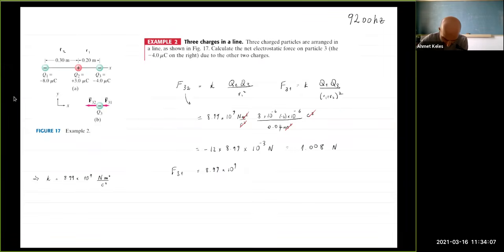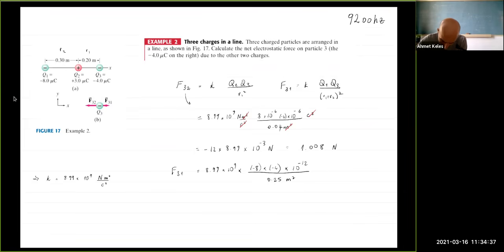Good. So times, okay, this is minus 3 times minus 4 times, okay, 10 to the minus 6 plus 6 is 12. And divided by R1 plus R2, which is 0.25 meters squared.